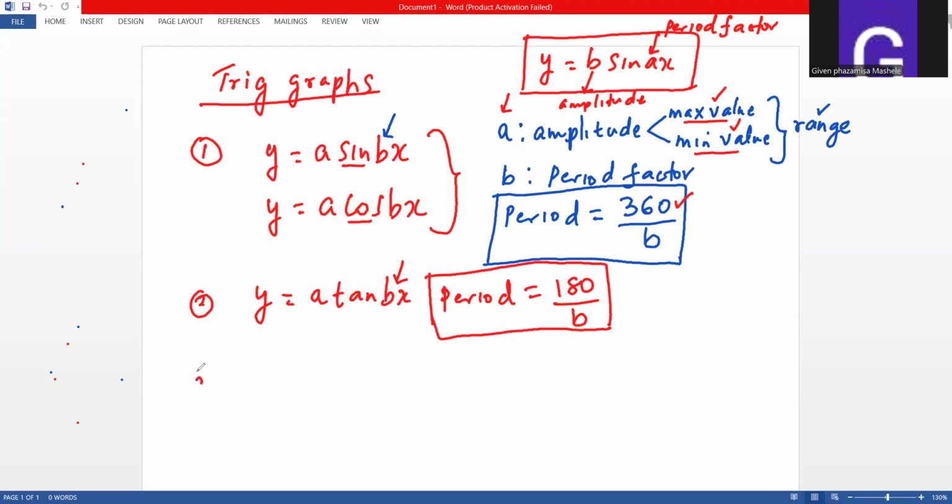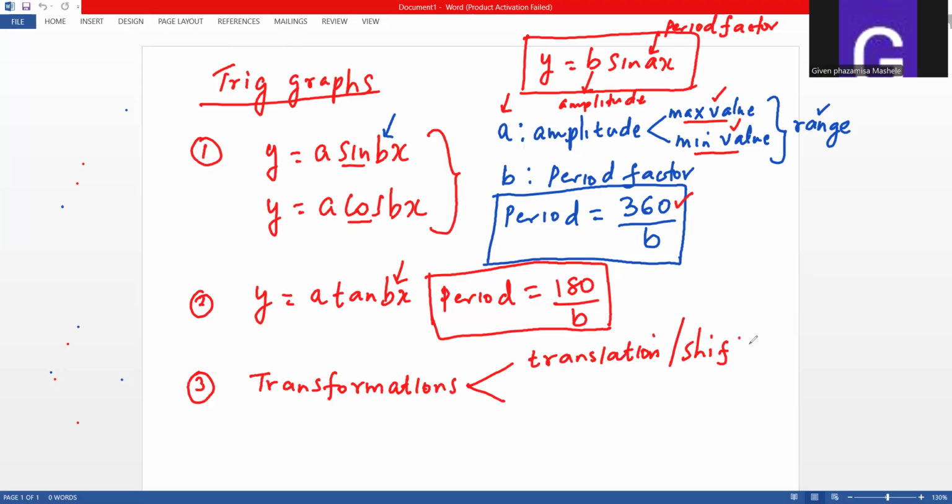Then number 3, when you are dealing with trigonometric graphs, guys, you need to be able to understand the transformations, because along the way, they ask questions relating to transformation. What do we mean by transformation? We are referring to translation, or we can call it shifting, where the graph is shifting from one point to another, whether vertically or horizontally.